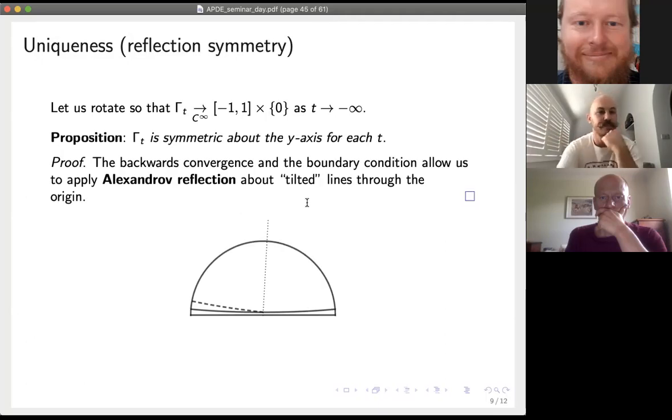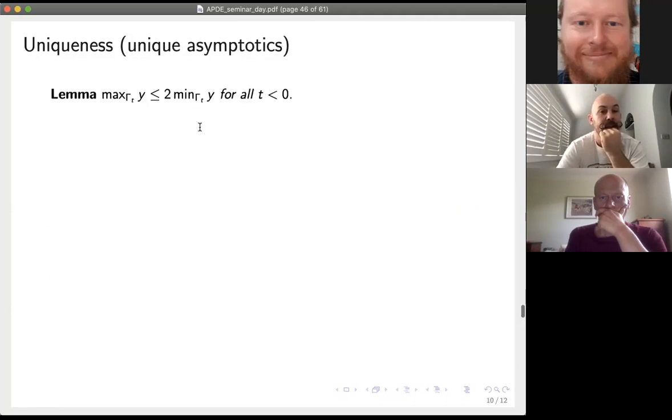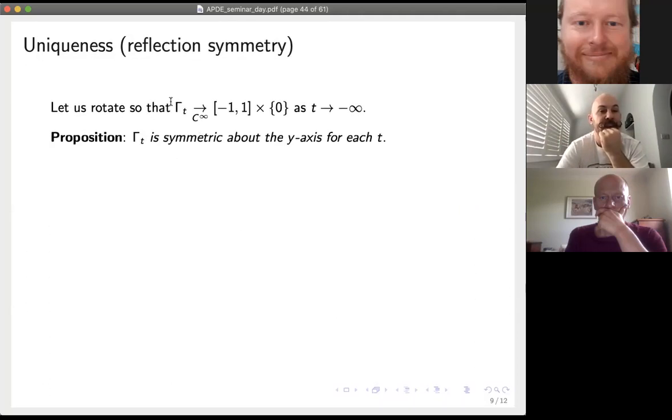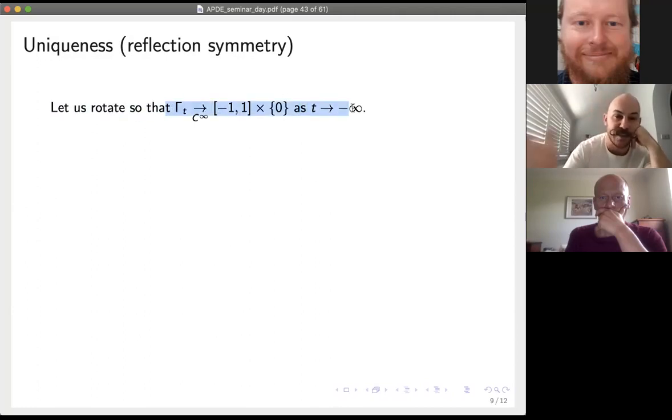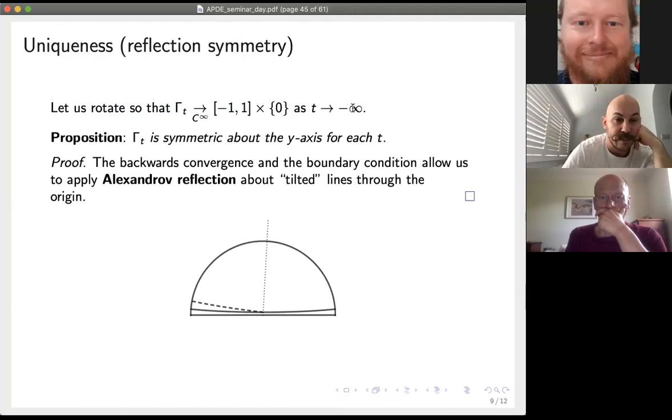Okay, so that's a nice little argument. So we've got that our curve converges backwards in time to the horizontal bisector. It's reflection symmetric across the y-axis, so at t equals 0, it has to converge to the point on the y-axis, E2.